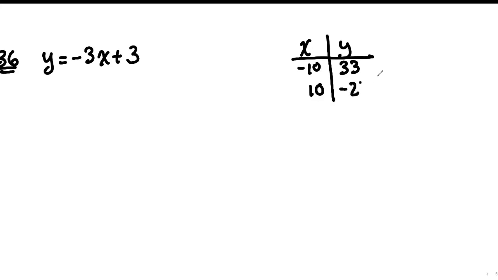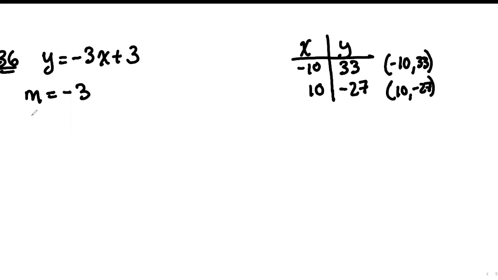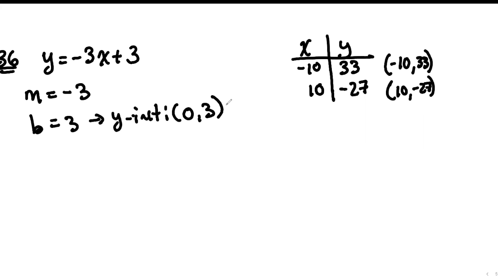So I see that my ending points are (-10, 33) and (10, -27). Also, you should see that M, which is our slope, is equal to a -3, and B gives me a 3. So this lets me know that my y-intercept is equal to (0, 3).